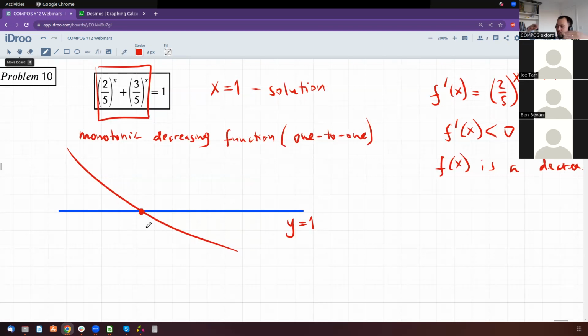If one function is a constant and the other one is constantly decreasing, they can only meet once. And that means x equals 1 is the only solution.